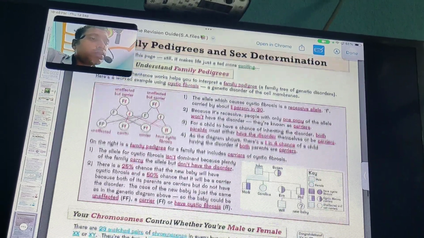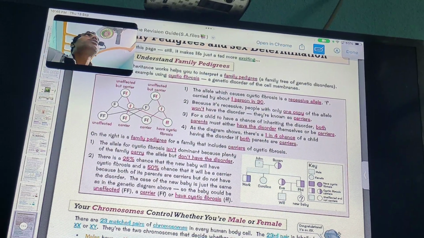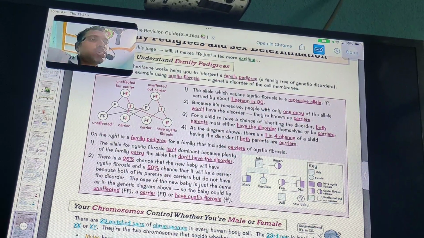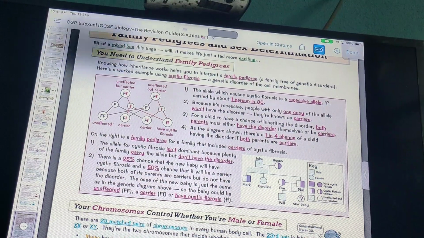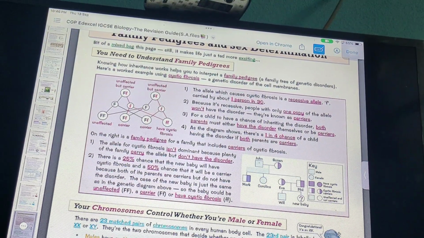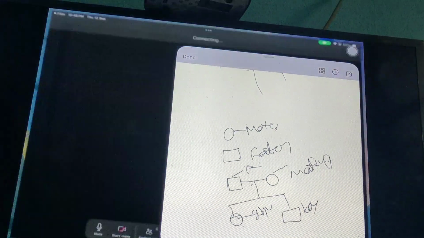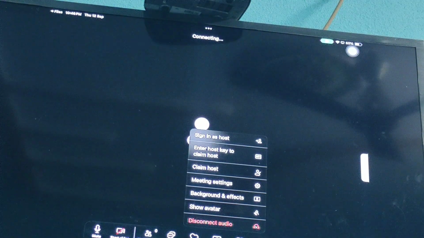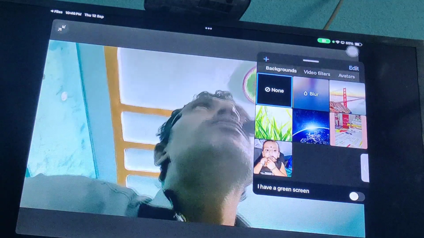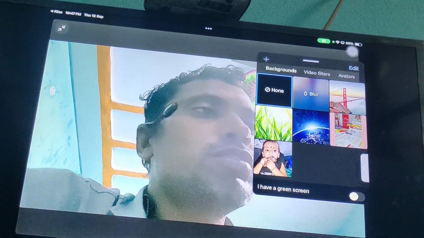The alleles which occur in cystic fibrosis are received alleles.